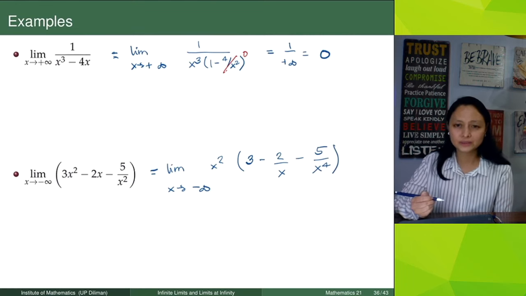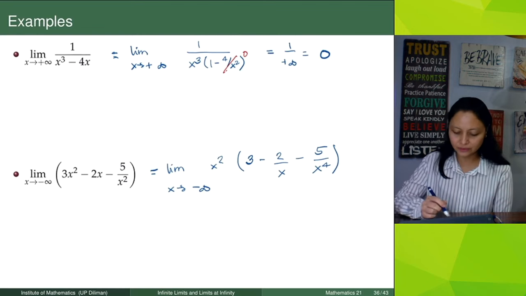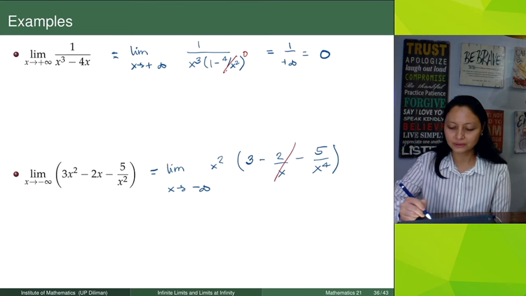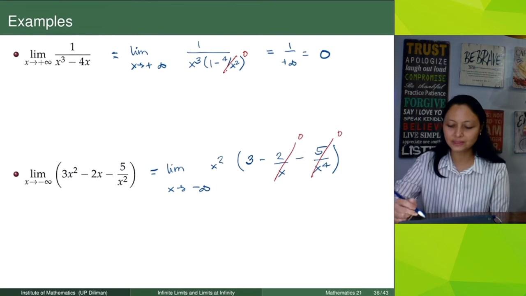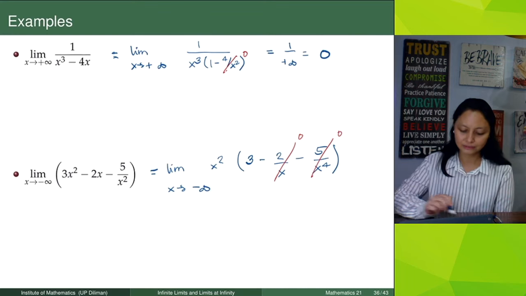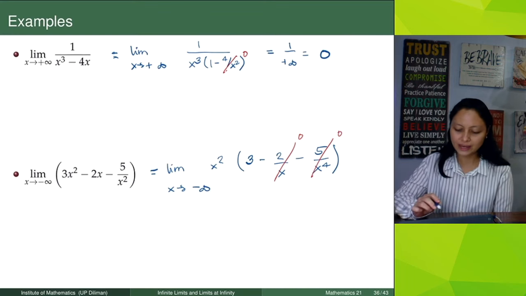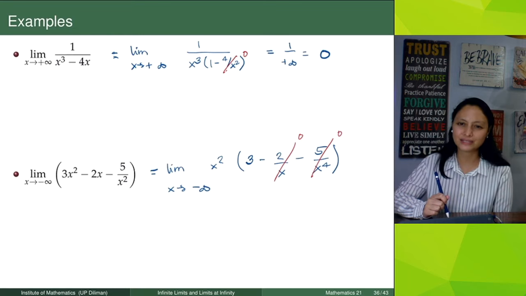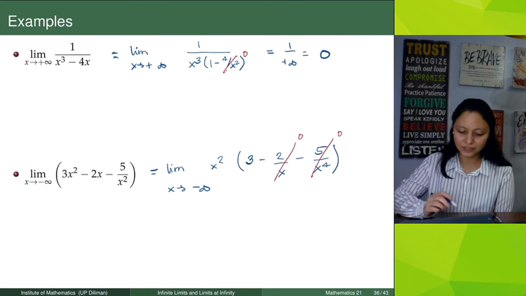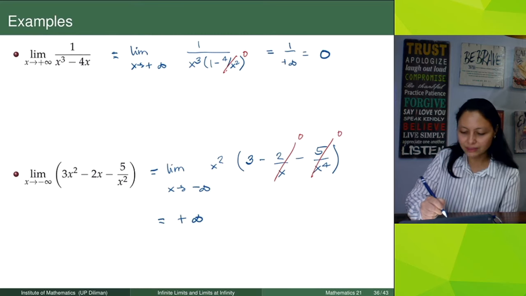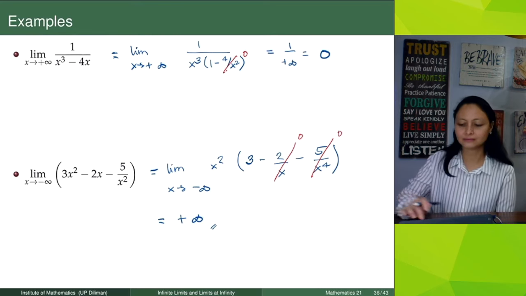Okay, so all terms with x in the denominator, ang limit niyan ay 0. Limit is 0 as x approaches negative infinity. So, all we have is the limit of 3x squared as x approaches negative infinity. And negative infinity squared is positive. So, this is equal to positive infinity. Okay?